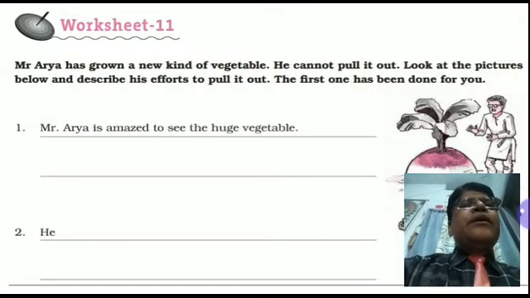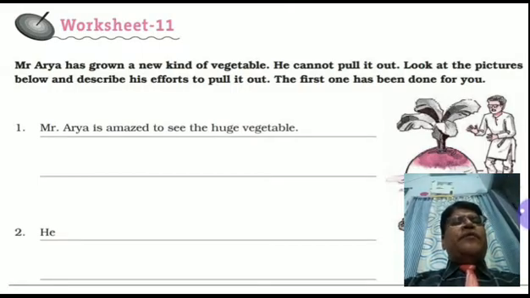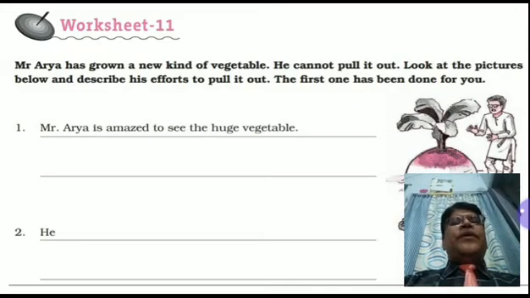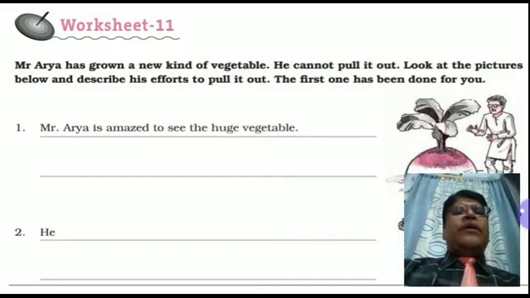Eighth number, their power together is also unable to budge the vegetable. Nine number, they call the mice at last and then pull the vegetable out from its place. Thus, the mice proved to be very helpful to them. This is how you have to do this worksheet. Now let us come to the 12th one.